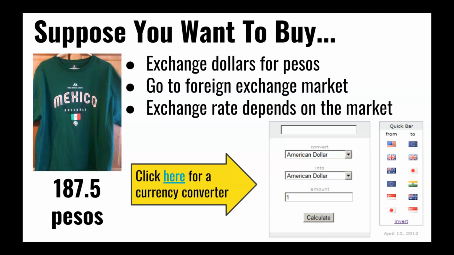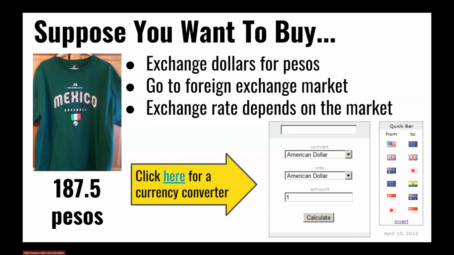We could look at a product like a shirt for the World Baseball Classic, and let's say you want to support Mexico, so you're going to buy a shirt in Mexico to support the Mexican baseball team, and it's going to sell for 187.5 pesos. Well, you have American dollars, you don't have pesos, so you've got to go and exchange that amount of American dollars into pesos, and you need to know how many dollars it's going to take. So you would go to the foreign exchange market and look up that current exchange rate on that day.